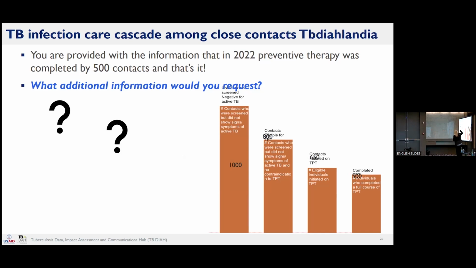So here we have contacts who were screened and showed a negative result for active TB. So what is the algorithm of the country then?